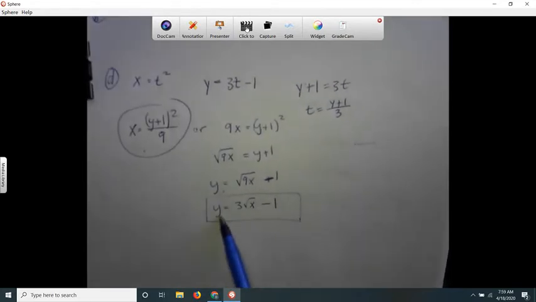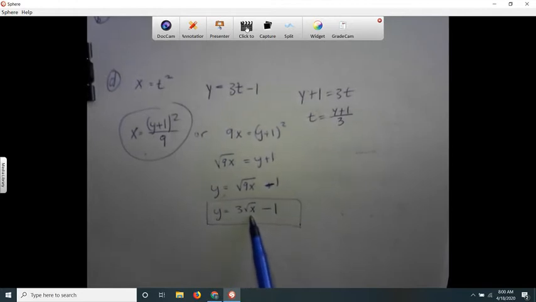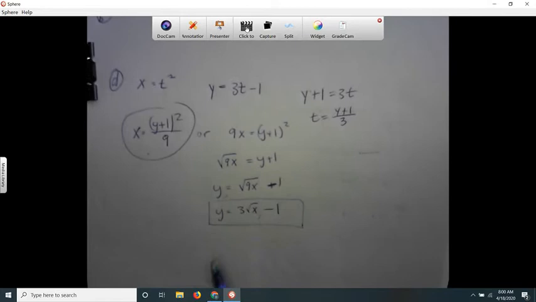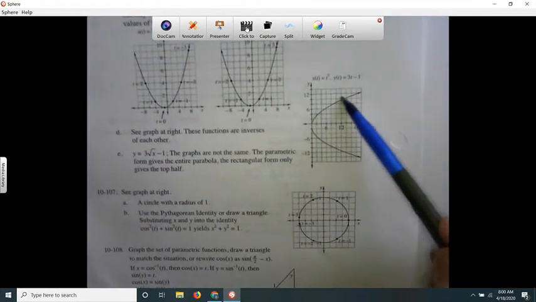This right here, when I write it in Y equals form, gives me a square root function. So this gives me part of this sideways parabola here. It gives me this part.